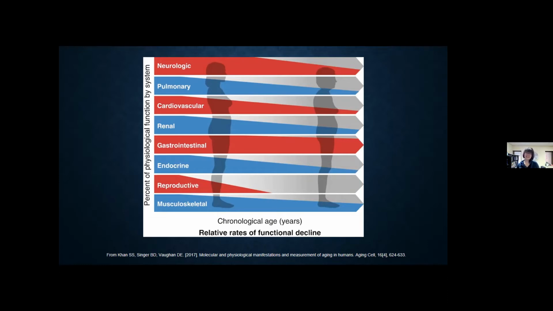Whereas our GI system really doesn't experience a lot of change throughout the whole lifespan. And for other systems, neurologic, pulmonary, cardiovascular, that decline is pretty consistent throughout, starting even in the early mid-life time frame. So it isn't just old age, it's the progression of things along the way.